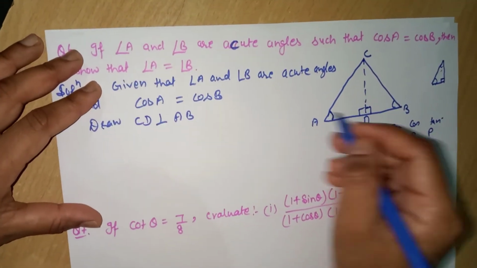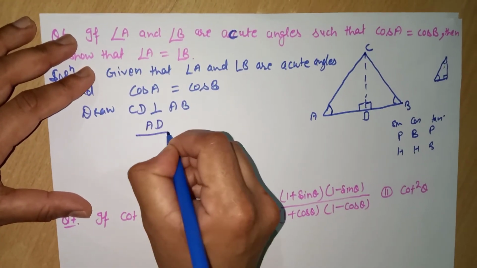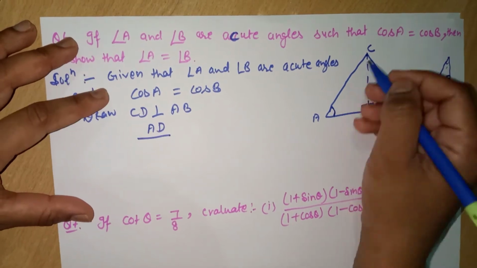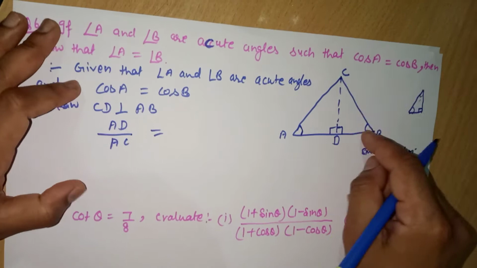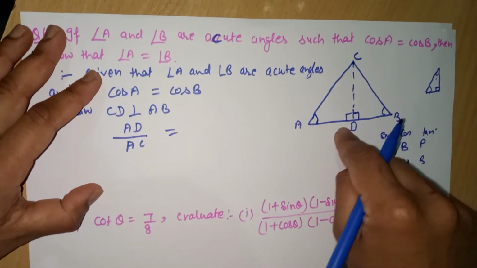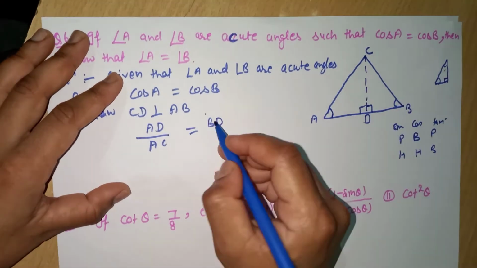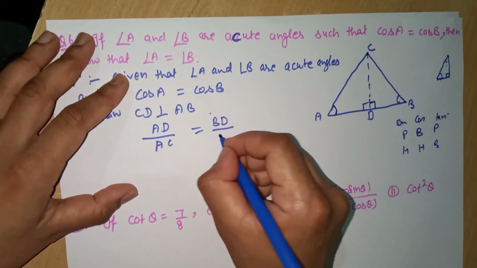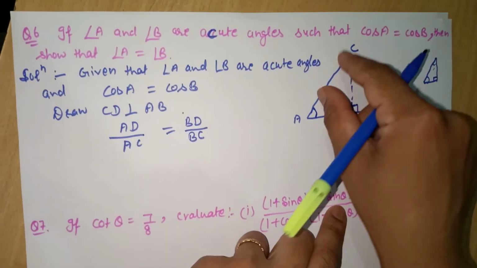Here base is AD, so cos A can be written as AD upon hypotenuse, which means AC. And cos B in triangle BCD, base is BD and hypotenuse is BC.